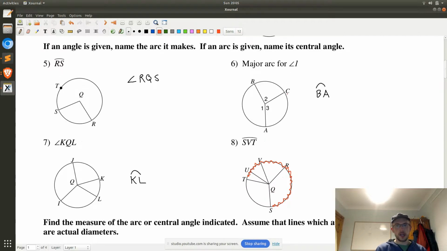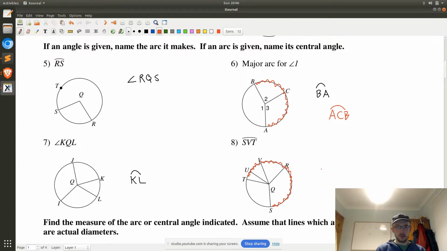So if I were to do that up here, for example, the major arc for angle 1, I guess I would revise my statement and call it ACB, because I do presume that that is the major arc for angle 1. Now, they asked for the central angle for that.